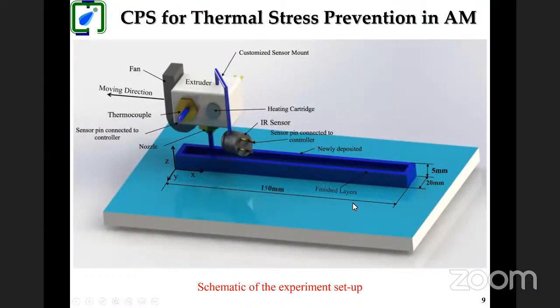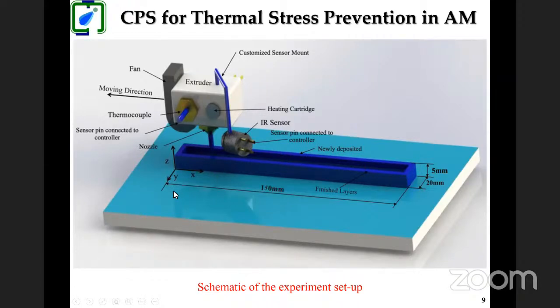This is the schematic of the experimental setup which is going to be controlled. So this is your extruder, and in this extruder, we have mounted a fan. This is the direction of moving, a thermocouple, a sensor pin which is connected to the controller, the nozzle, the heating cartridge, this is a customized sensor mount, infrared sensor, and a sensor pin to connect it to the controller. This is the newly deposited layer.